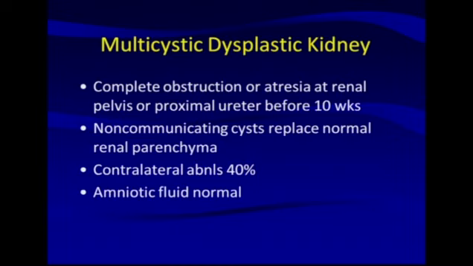And this actually develops very early in gestation, before 10 weeks, and it occurs when there is complete obstruction or atresia at the renal pelvis very early on, and this complete obstruction leads to severe dysplastic changes within the fetal kidney, which results in replacement of the normal renal parenchyma with these multiple non-communicating cysts of varying sizes and shapes.